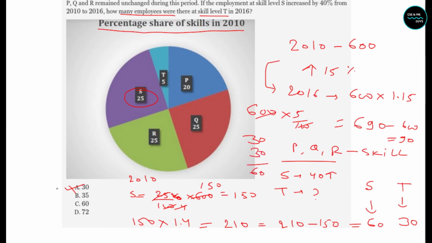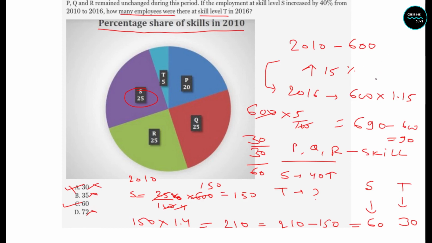So this will give us 60. So there are 60 people working there right now, because 30 increased and 30 already working there, so C must be the answer. Let me just cross check. Yeah, answer is C. We're right. 30 would be the wrong answer, 35 would be wrong, and 72 would be wrong.